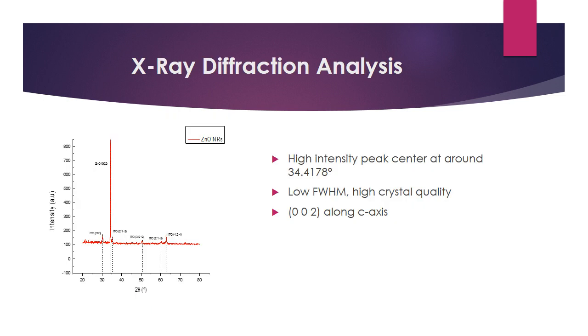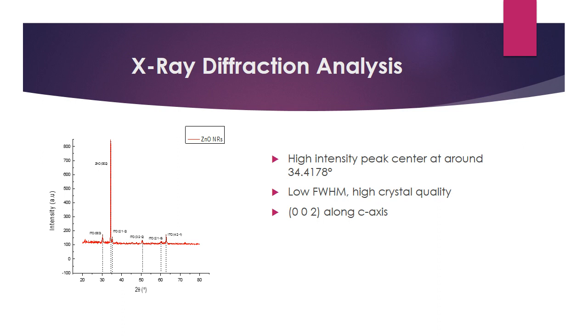And here is the XRD analysis. We can see that the high intensity peak is centered around 34.4178 degrees, and this is the only peak contributed by zinc oxide nanorods. The other peaks are generated from the ITO glass based on the database.